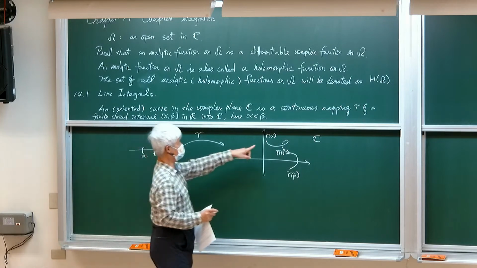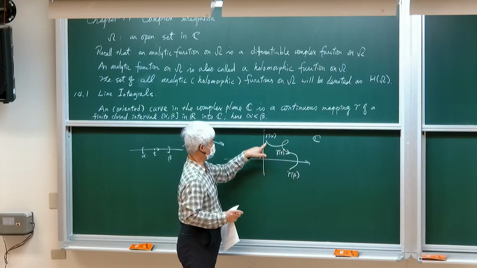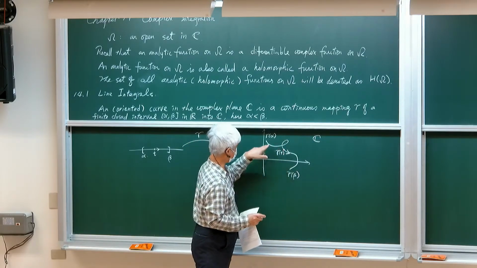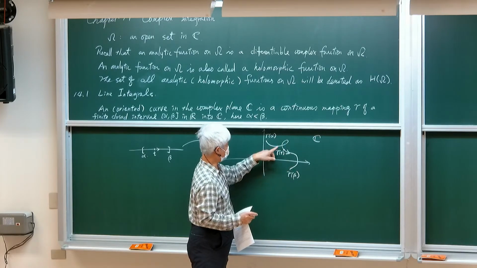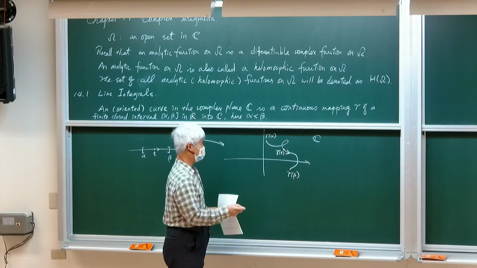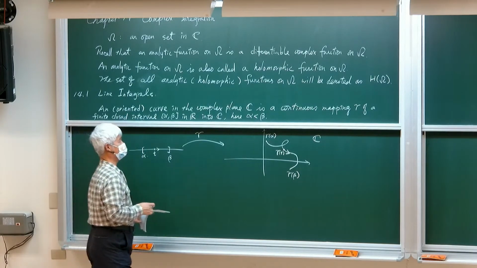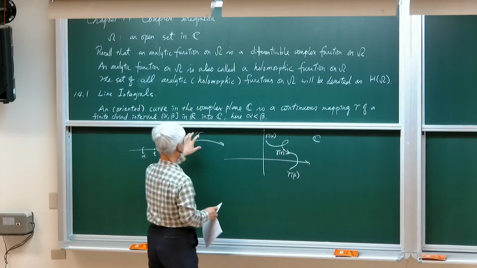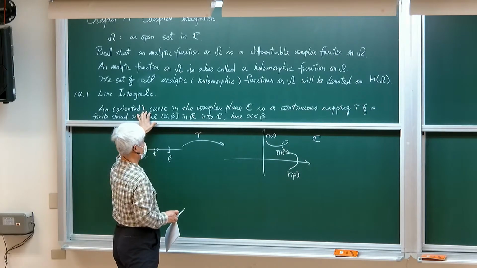Usually we think about the point set here as a curve, it's the traditional one, but to orient the curve, we actually define an oriented curve as a mapping here.